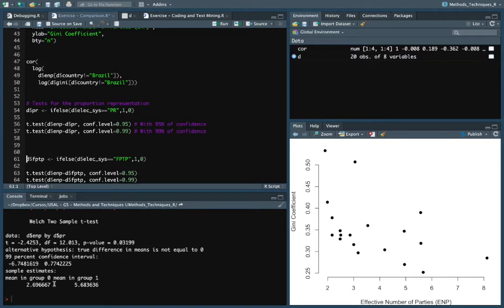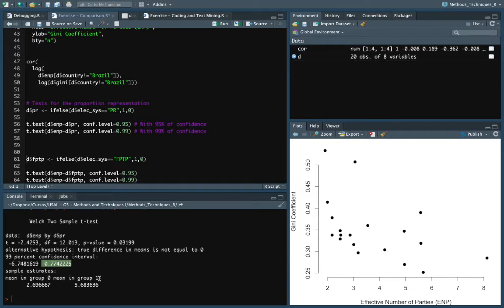But when we try to understand the difference between the means, you can see that it can be both negative and positive. The mean in group 0, those countries without proportional representation, can be both lower and, this is the most important number, higher than the mean in proportional representation.